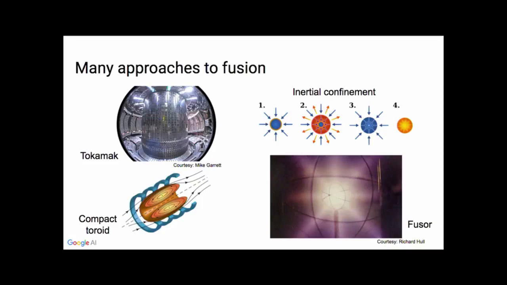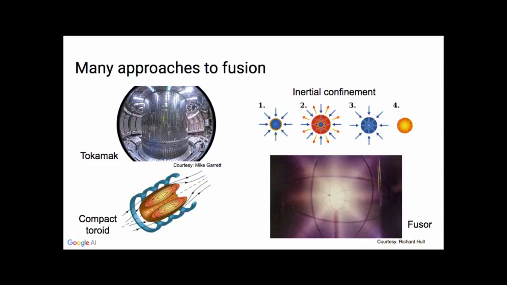On the lower left, there's a set of plasmas called compact toroids. I'll talk about that more in a minute. And interestingly, there's something called the Farnsworth fusor. It was invented in the 60s by the same person who invented the television set. You can actually do fusion on your desktop, but you are forever doomed to never get more energy out than you get in.